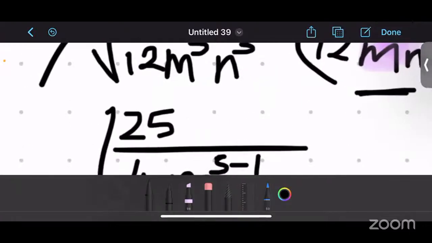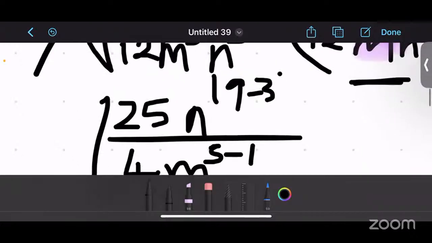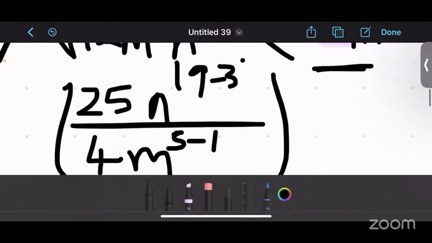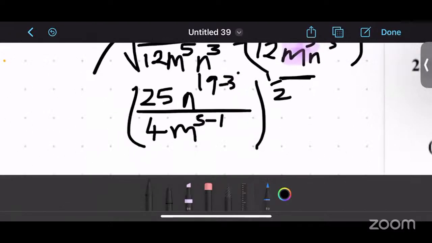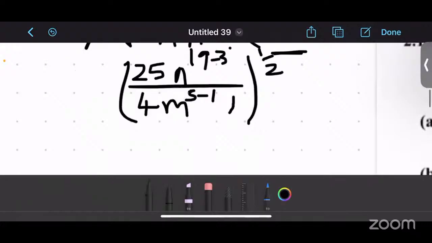So I'm going to have n to the power of 19 minus 3, everything to the power of half. We're not forgetting the power of half, right? Now I can simplify the 19 minus 3 and the 5 minus 1, because numbers can be added or subtracted and you get a solid answer.